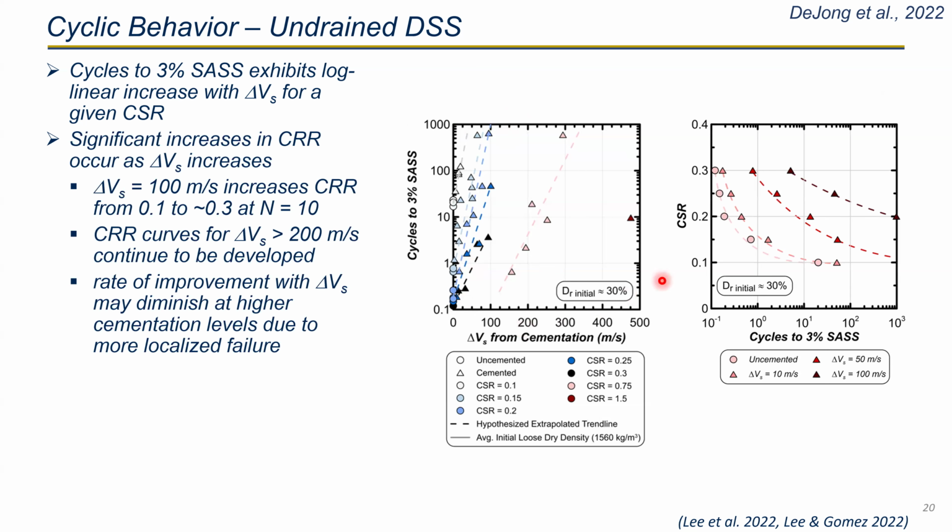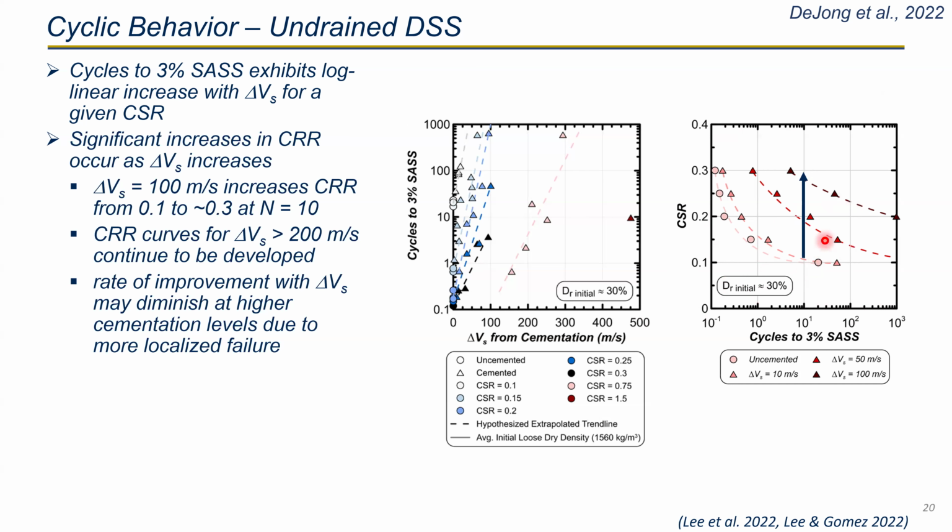The next figure shows the applied CSR versus the number of cycles to liquefaction triggering with different cementation levels. The light color means less cementation, and the dark color is the sample with a high cementation level.